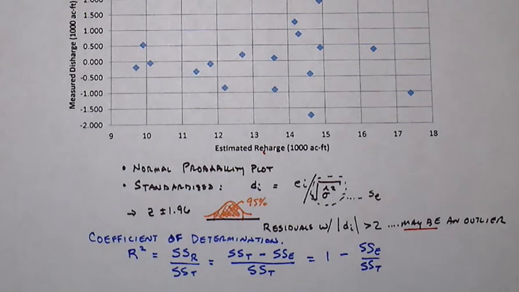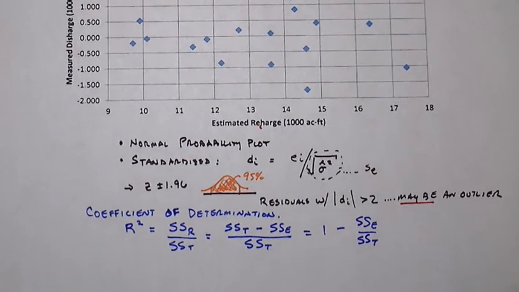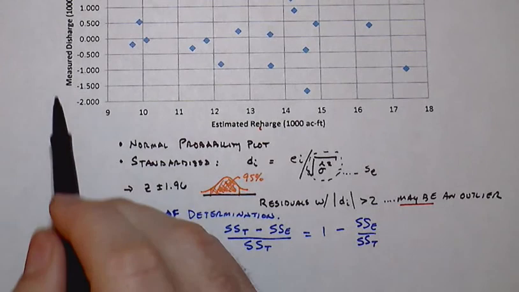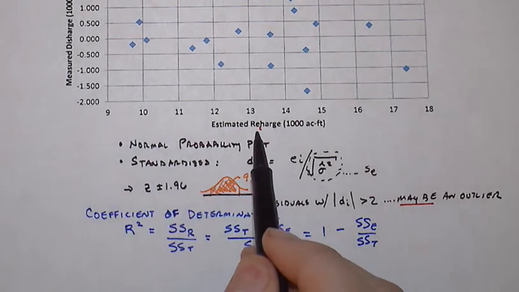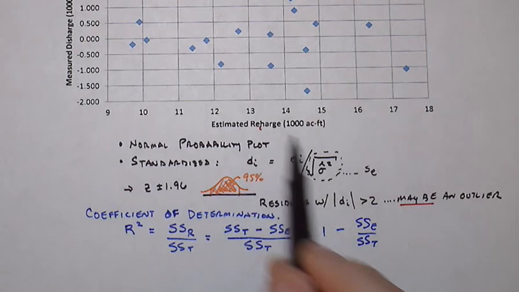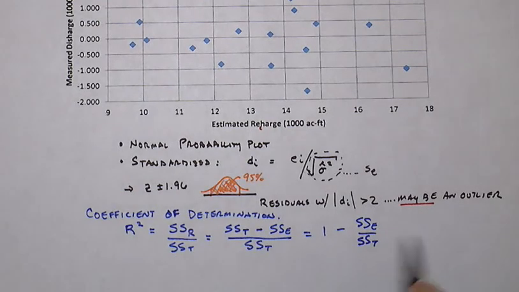And the R squared value, or the coefficient of determination, tells us how much of the variation in the response variable is explained by variation in the explanatory variable. So it tells us something about the leftover variability, this stuff right here.